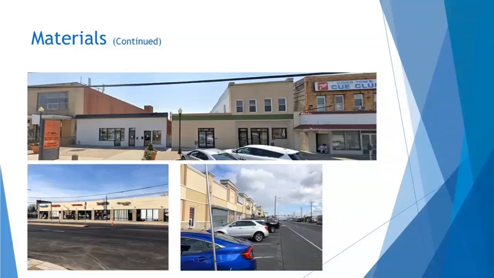There isn't a rhythm to them, or the placement of awnings isn't purposeful, or whatever. So there's a way to write them where they're not overly prescriptive, but enough that describes the intent and gives the design review panel something to base their comments on.